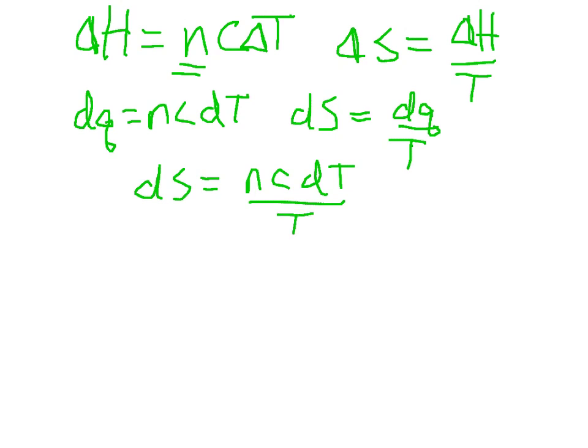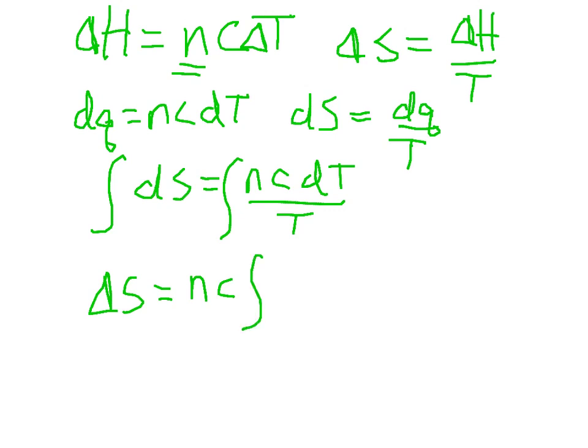Now, here's where the calculus comes in. If I want to figure out the overall change, I need to sum up the small changes. So we will integrate dS with respect to S, and integrate nC dT over T with respect to T. The left-hand side just becomes ΔS. On the right-hand side, I can pull nC out of the integral because they're constants.